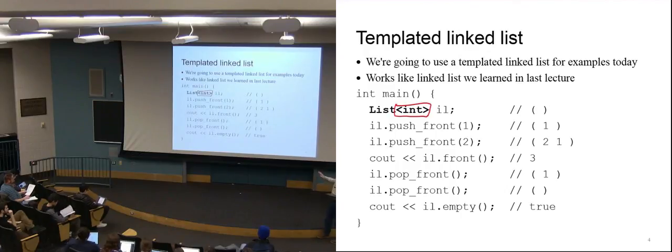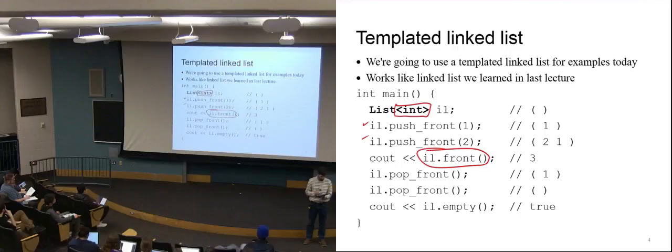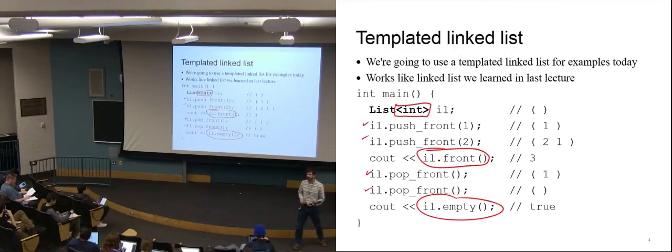This is an uncomplicated transformation to use the template. It follows the lecture we had on templates in the past really closely, and it matches your project exactly. So with this list, we can push stuff on the front, see what's there and print it, pop stuff off, and check if it's empty. Questions about how to use the linked list that we created last time?